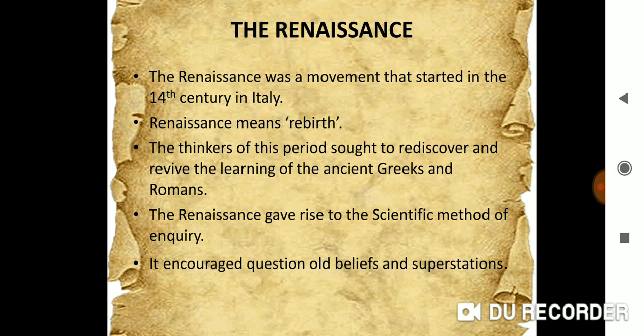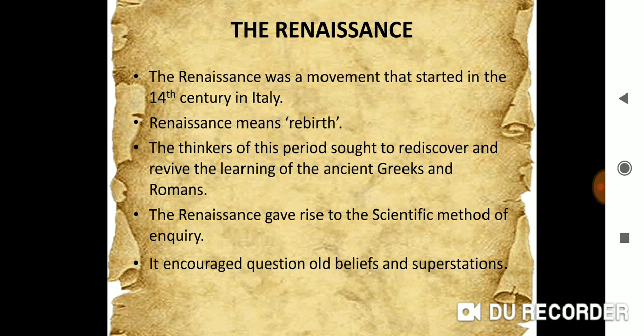Actually, before the Renaissance, the Ottoman Turkish dynasty ruled over Greece. But before the Ottoman dynasty, ancient Greece had a very rich culture. So many cultural developments happened at that time.